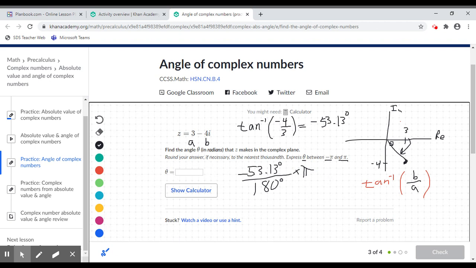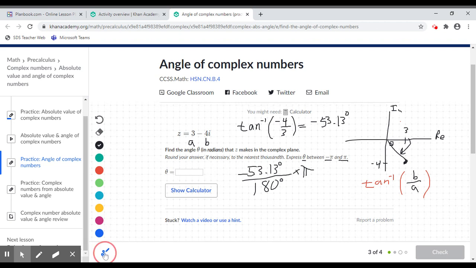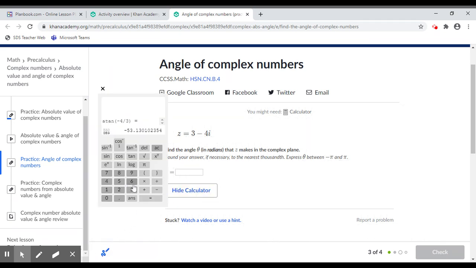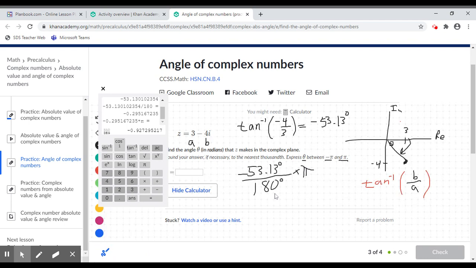All right, so if we do that really quick, let's bring up our calculator again. So divide that by 180 times pi, and I end up with negative 0.927. It says round to the nearest thousandth.